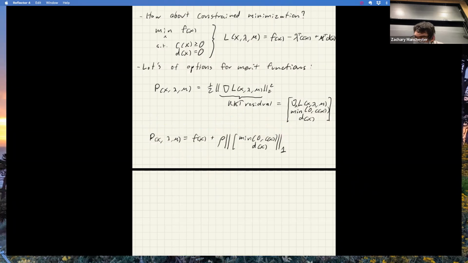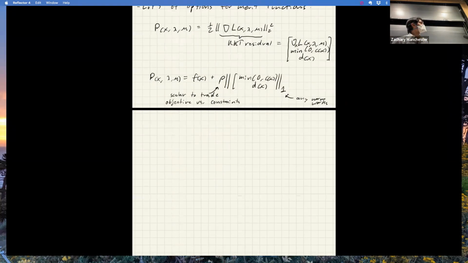And we've got some hyperparameter rho up here to trade off how much we care about constraint violation versus how much we care about minimizing the objective. And again, you have to tune this. So it turns out this is one of the most common ones.